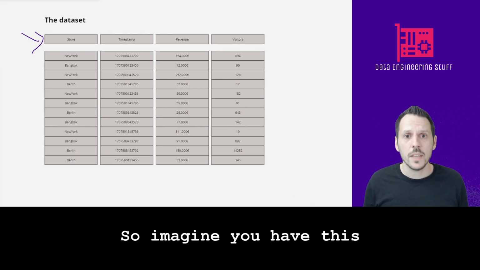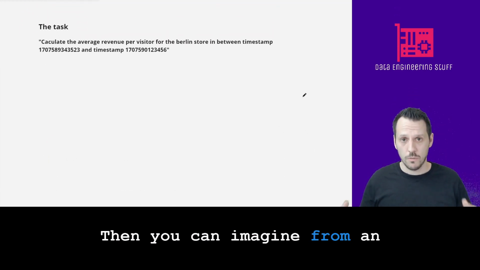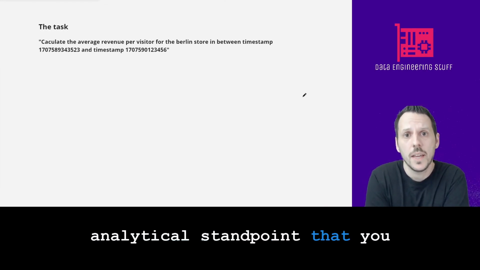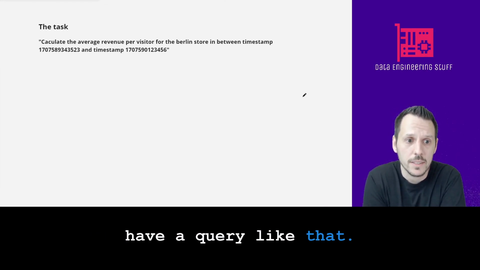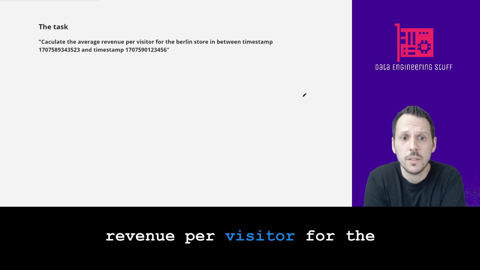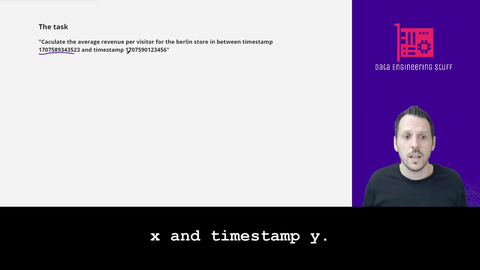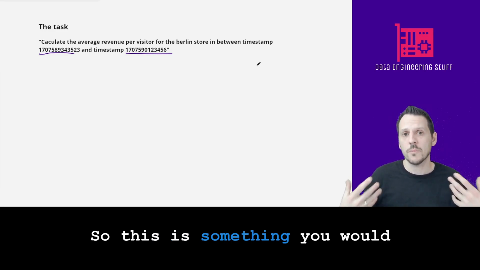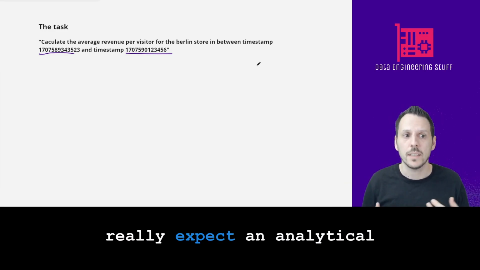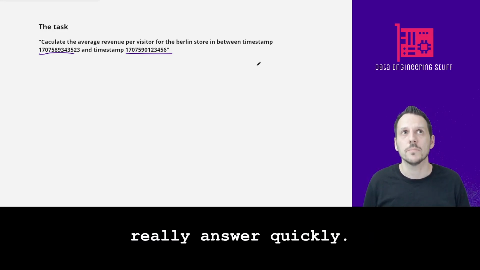So imagine you have this in your database, then you can imagine from an analytical standpoint that you have a query like that. So you want to have the average revenue per visitor for the Berlin store between timestamp X and timestamp Y. So this is something you would really expect an analytical data store to answer quickly.